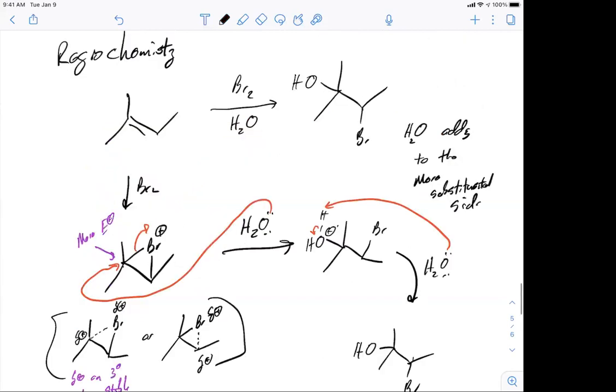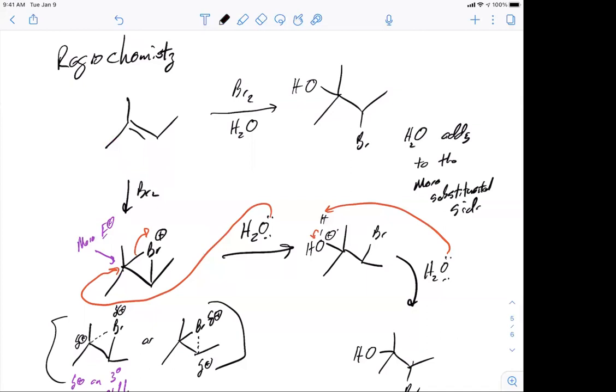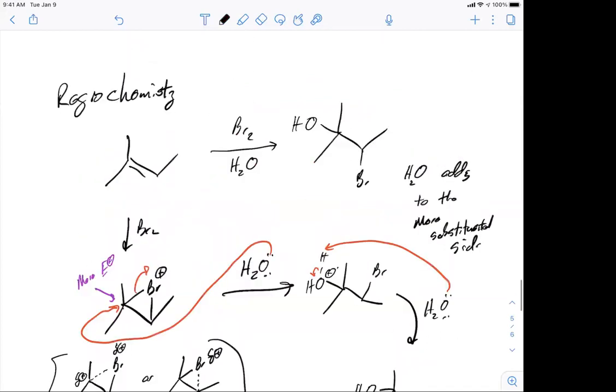Okay, so the regiochemistry is Markovnikov. Well, you're adding two things across it, but the alcohol is Markovnikov.